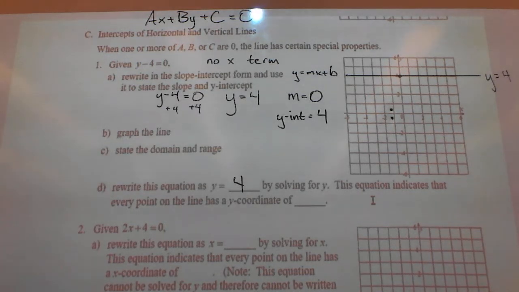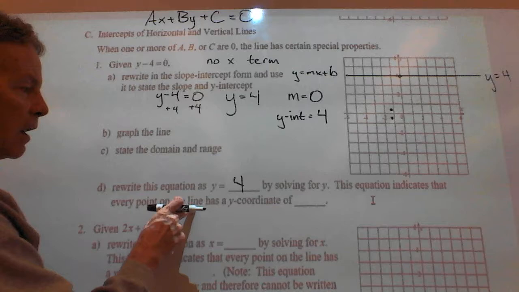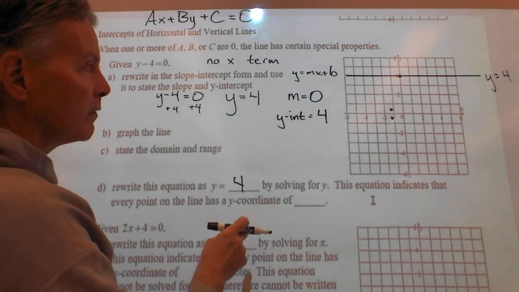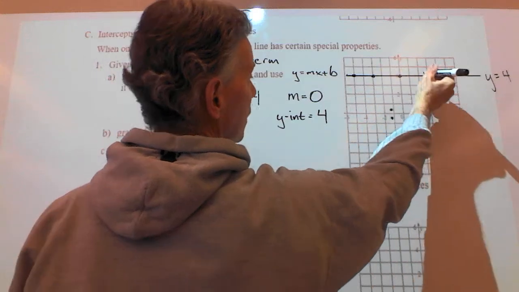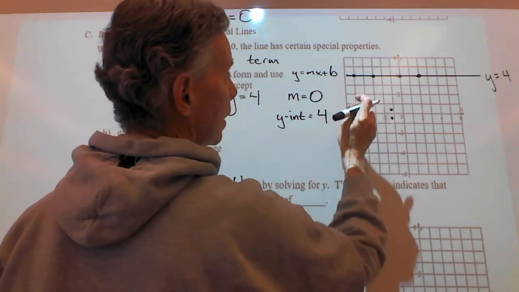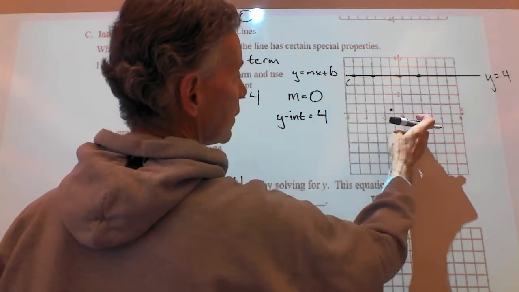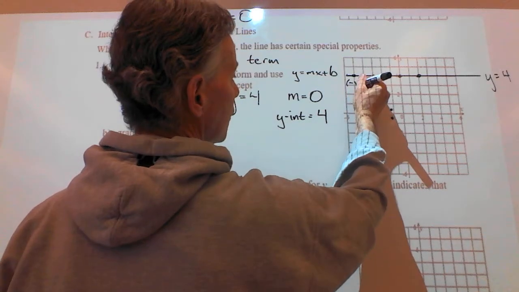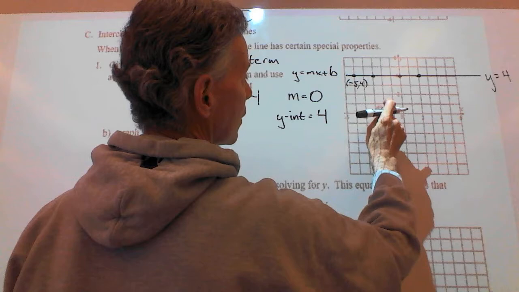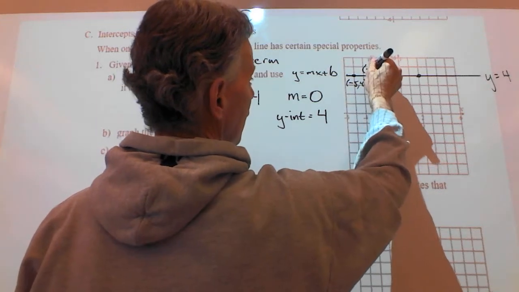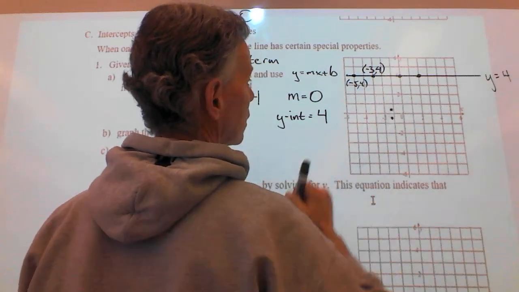This equation indicates that every point on the line has a y-coordinate of, well, think about it, this point, this point, this point. The coordinates for this point are -5 and 4. How about this point? The coordinates for this point are -3 and 4.